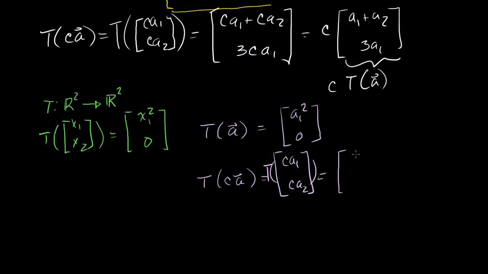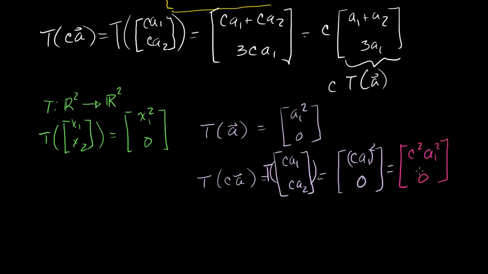So it's c a1 squared, and the second term is 0. And what is this equal to? This is equal to c squared a1 squared, and this is equal to 0.